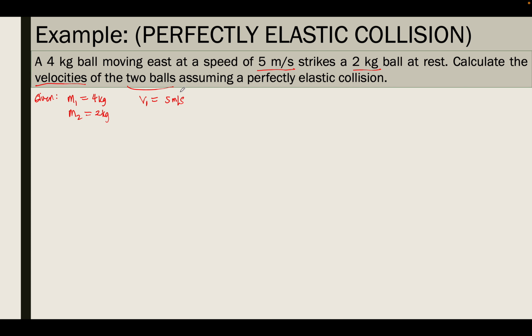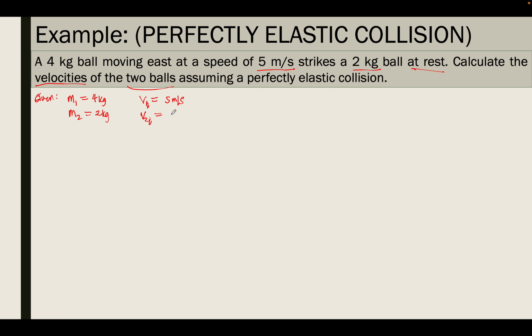Now, whereas our initial, let's have it as V1I for the initial, and V2I, it is mentioned here that the 2 kilogram ball is at rest. So our initial velocity for this 2 kilogram ball is 0.